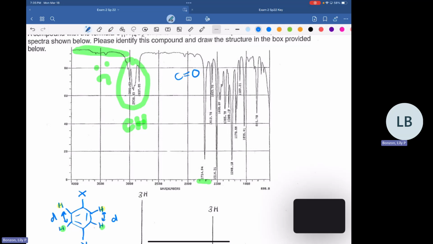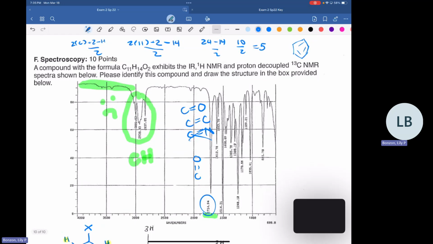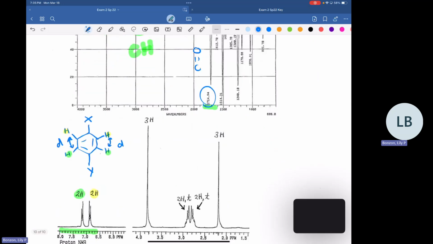So carbon-oxygen, carbon-carbon, carbon-nitrogen, but we don't need to worry about that right now. So we do have a peak here. And it's a very strong peak. So this is likely going to be our carbonyl peak. And we've got 2 oxygens and we've got no alcohol peak. So that kind of checks out too.